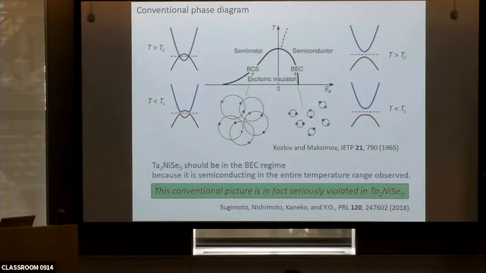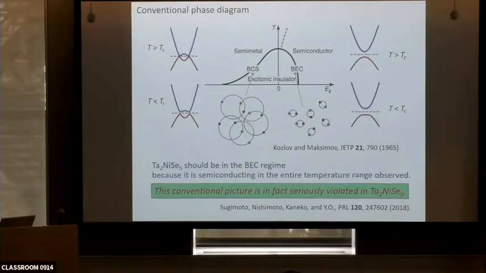Okay, and this is a schematic picture of excitons. Ta2NiSe5 should be in the BEC regime, because we understand that this should be the case in this system, because this system is insulating over the entire temperature range.